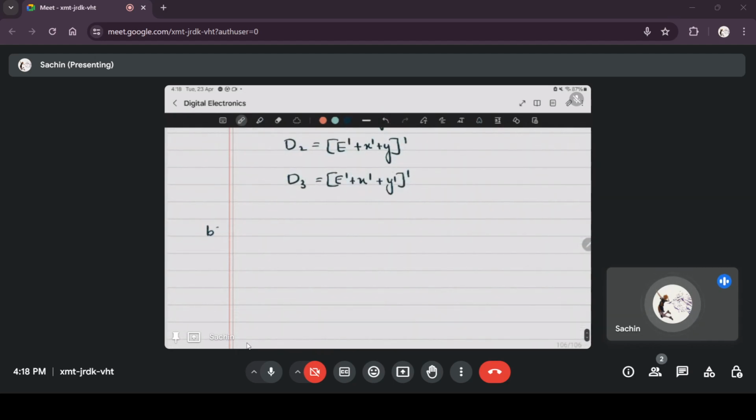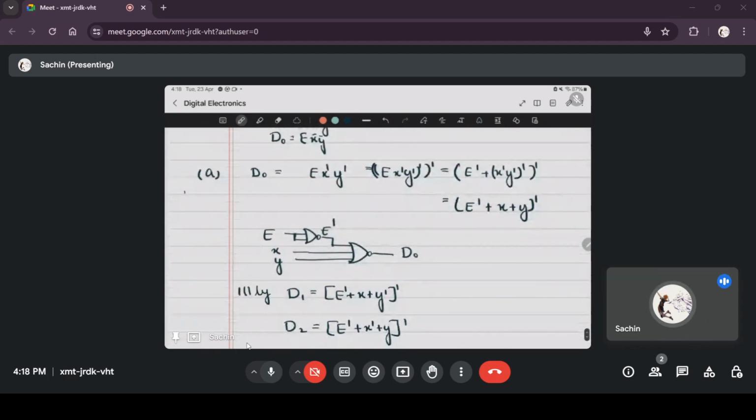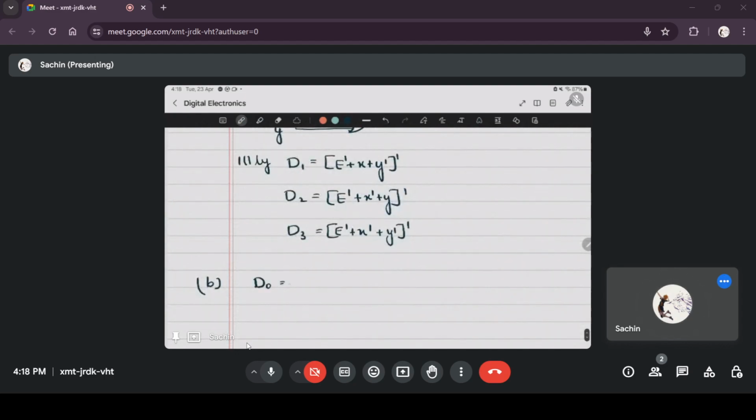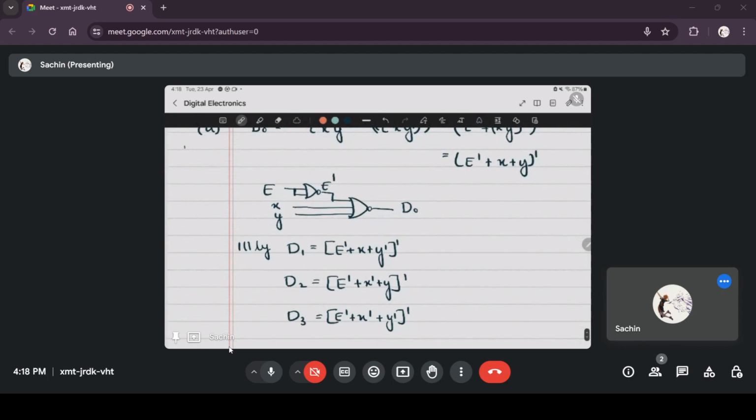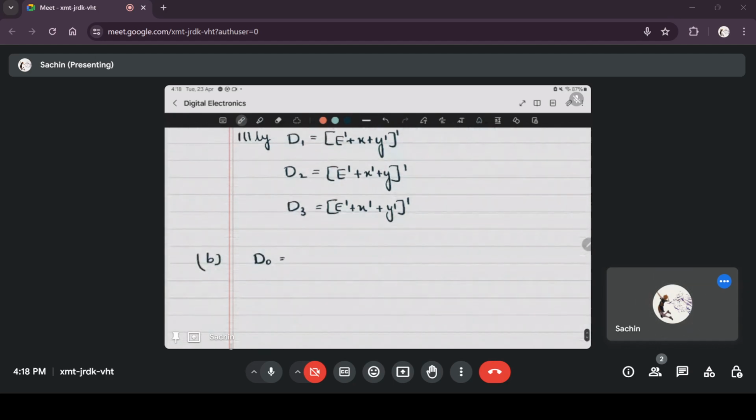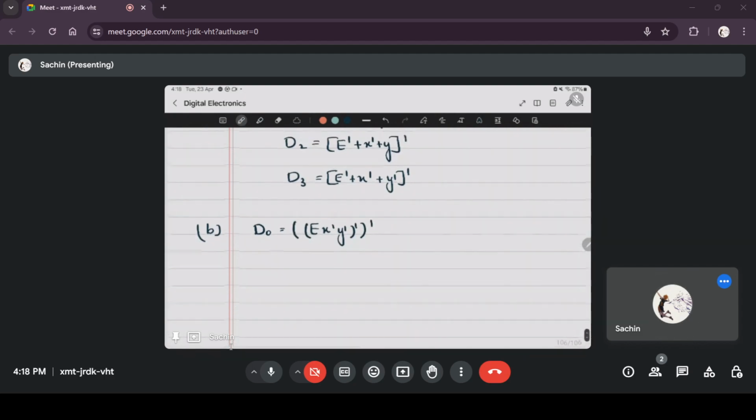The second part is using only NAND gates, and for that you have D0 is E x bar y bar complemented twice.